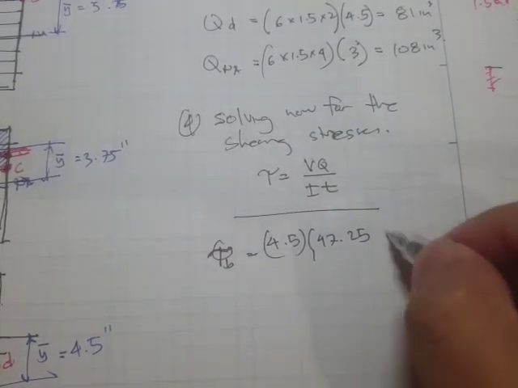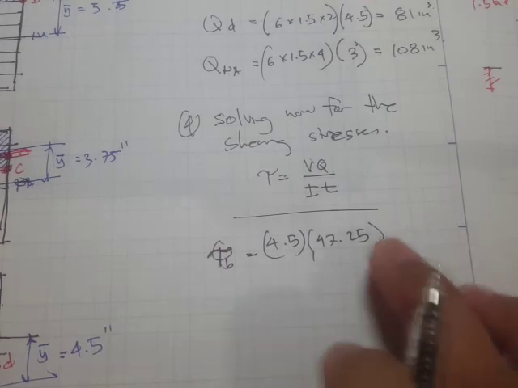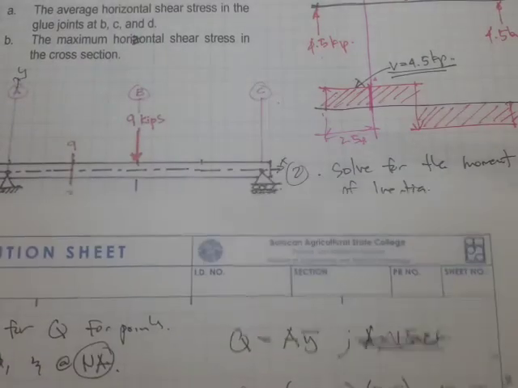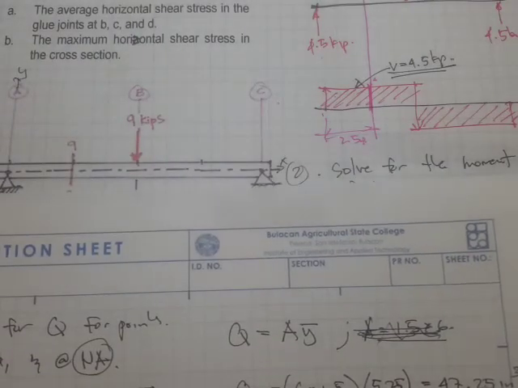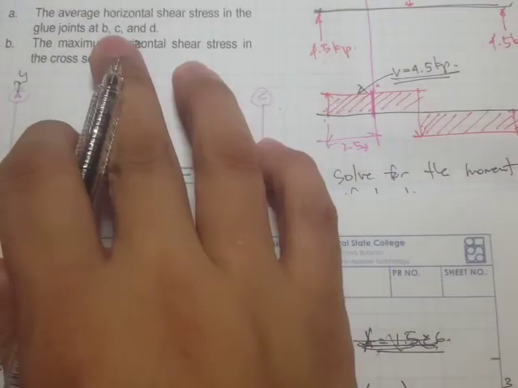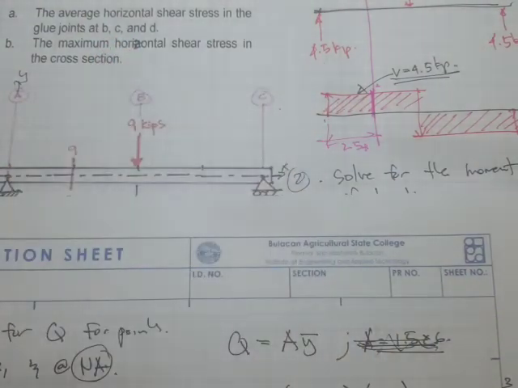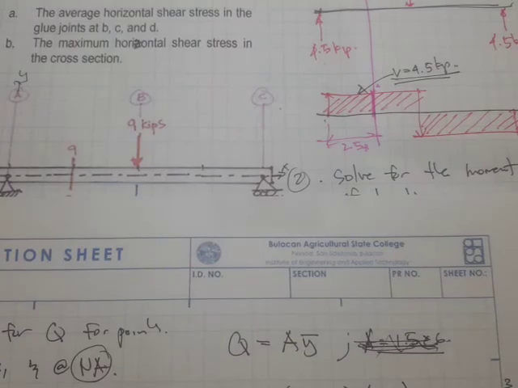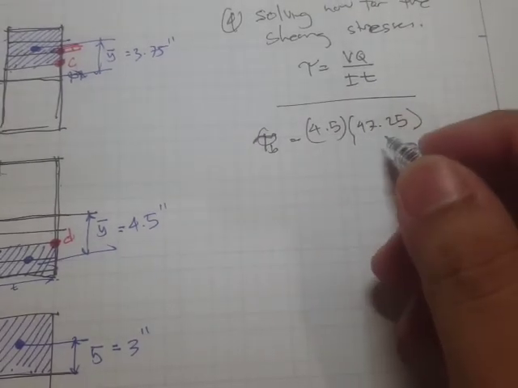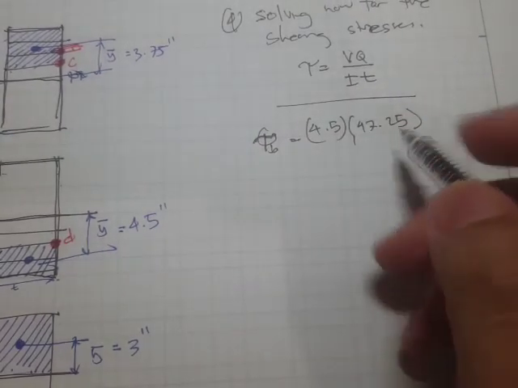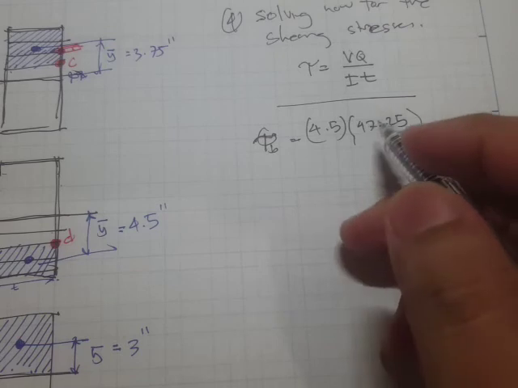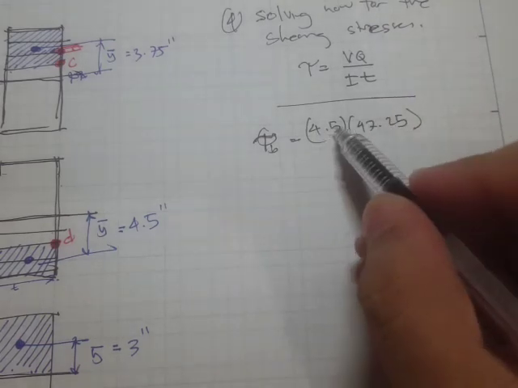By the way, the 4.5 is in kips, which means kilo-pounds. We can also convert this to psi later, if we have a small value because of the division by 1000.